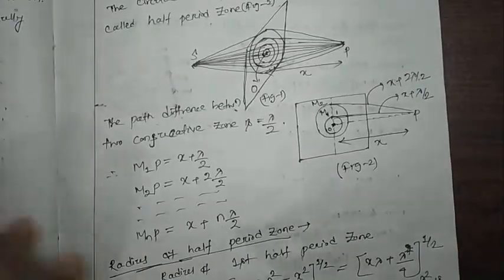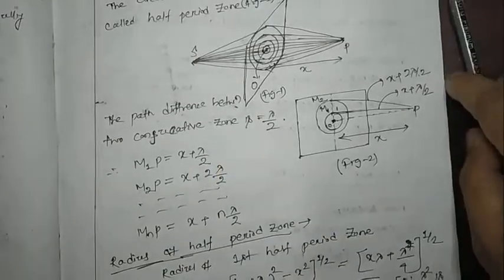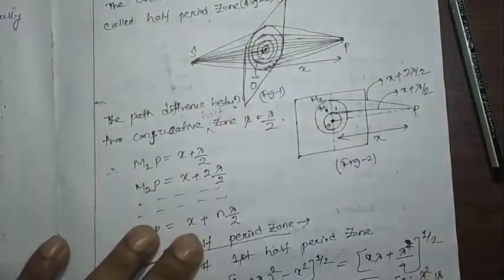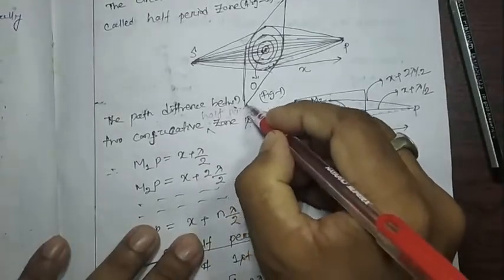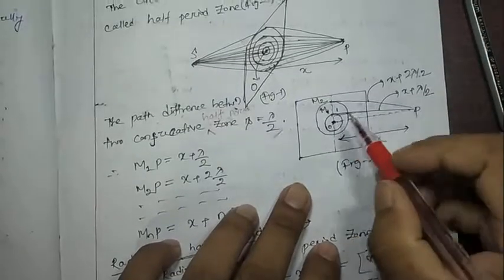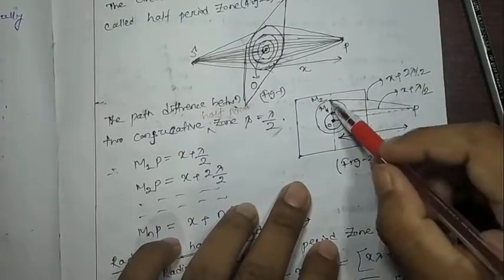Now the path difference between two consecutive half period zones is lambda by 2. Suppose the light is coming from here and from here.